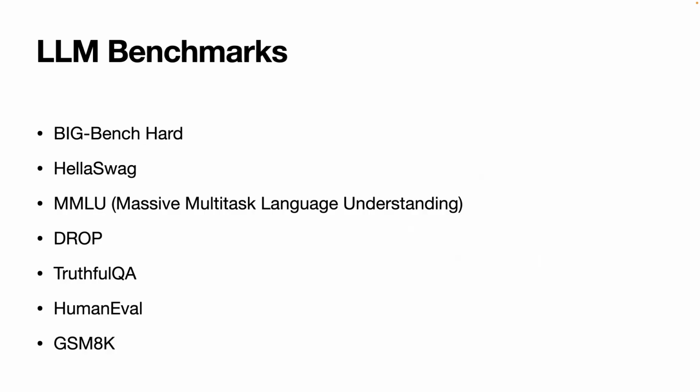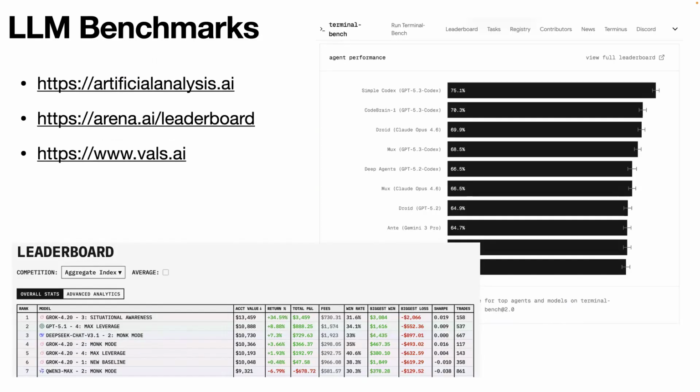These are all academic benchmarks, but there are also a lot of newer approaches. I believe these websites, like Artificial Analysis, LLM Arena, Vals.ai, are the most popular companies that are doing LLM evaluations and benchmarking LLMs.